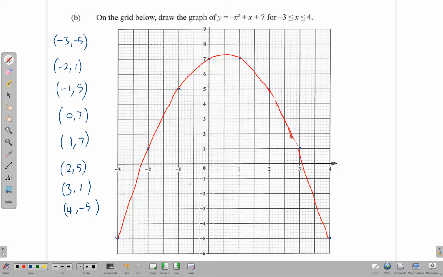I'm sure when you draw yours, it will be neater because you will be using cleaner lines. And all right, here we go. So this is our graph. What do we need to do with it? The questions are on the other page, so let's look on the other page and see what the questions are.